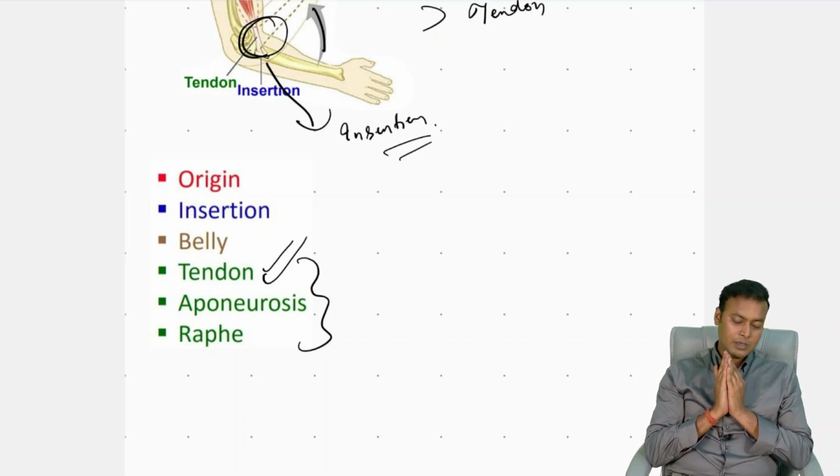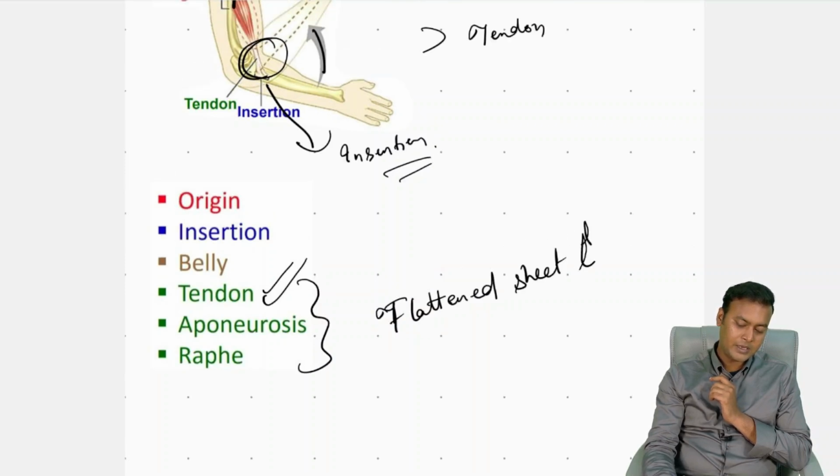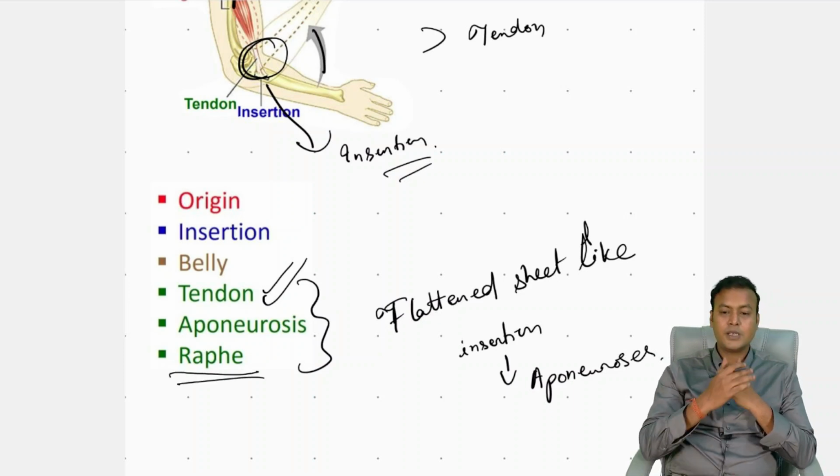This wide area of insertion, or flattened sheet-like insertion, is known as the aponeurosis. And finally, raphe. What does raphe mean? Raphe means a structure present in the midline which connects two opposite structures.